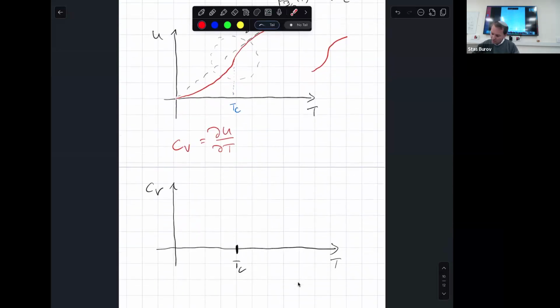So I'll get a function that rises up. At this point, something peculiar happens in the derivative. So we are going to have a cusp exactly at T_C, and it will decay to a constant for large temperatures. You know what? I'll make it a little bit more pronounced.